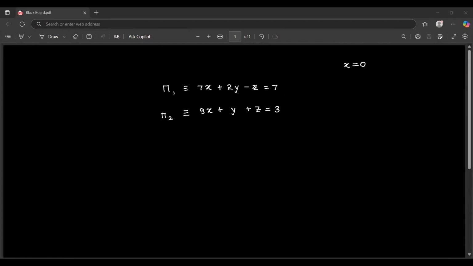Definitely they are not parallel to each other, so that's not an issue here. If x = 0, I can say that y = 10/3. Since y = 10/3, z will be equal to -1/3.